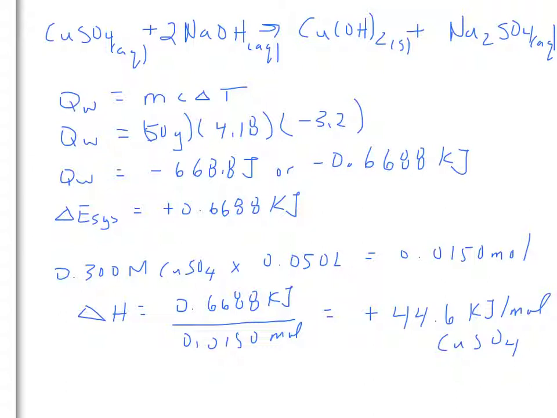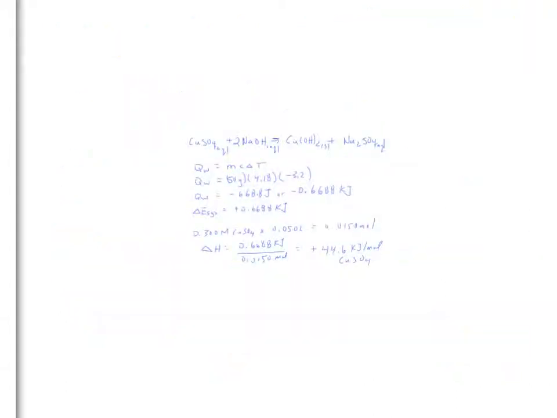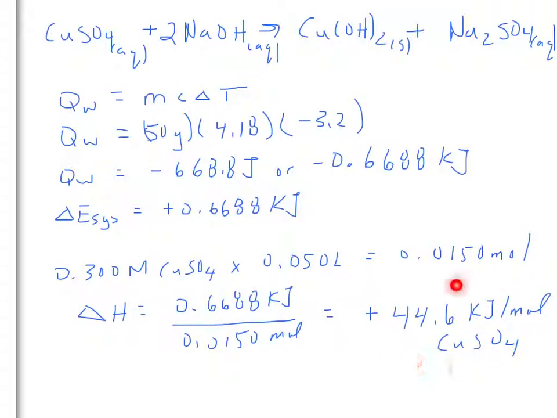The question also asked me to write a thermochemical equation. Well, I have that 3/4 done because I wrote the balanced chemical equation. All I need to do now is include this enthalpy change in my equation. Again, because it's positive, it's showing me that this reaction is endothermic.